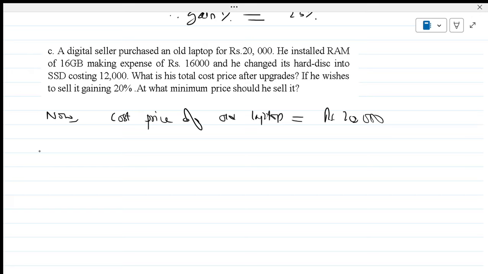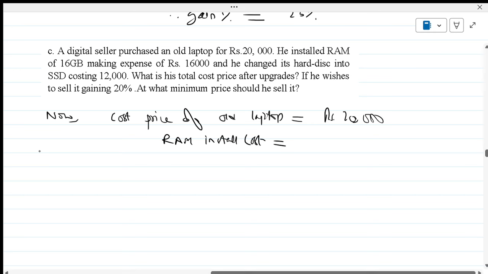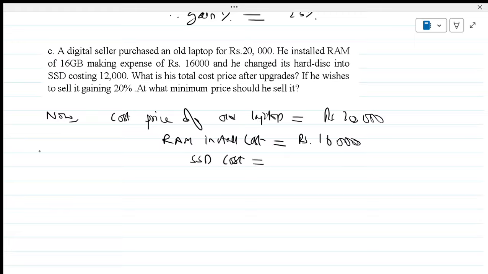And he made an expense on RAM first. So the RAM install cost is 16,000 rupees. He purchased the RAM and installed it, so its cost is 16,000 rupees. And after that, he turned his hard disk into an SSD. So the SSD cost is 12,000.